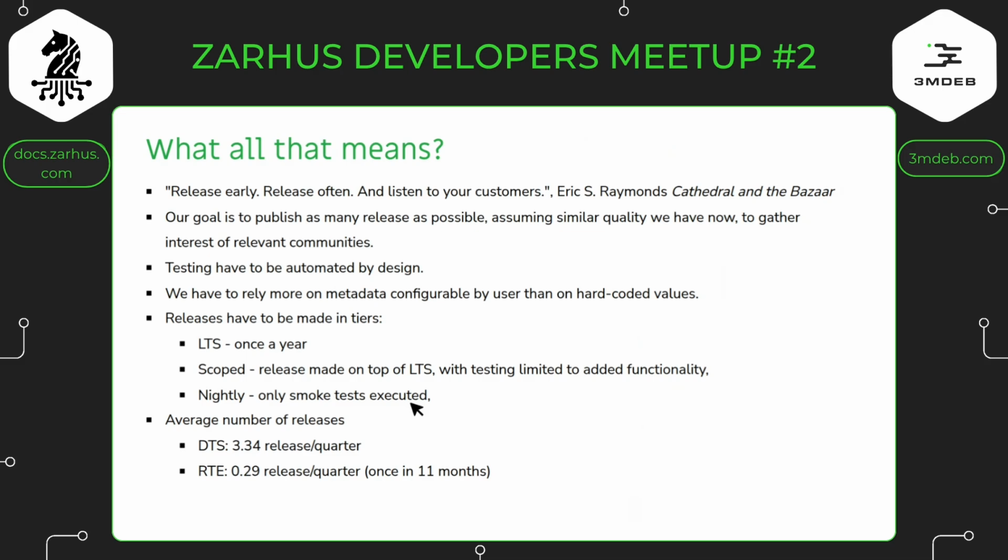Then one more idea that I have and am trying to push in 3mdeb, also in the Dasharo team, is to have long-term stable releases, for example once a year, though for DTS that would probably be too rare, so we need more. Then scoped releases: on top of the LTS releases we could have, let's say, a PR which just implements a certain feature, we validate that feature and assume that everything else is okay.